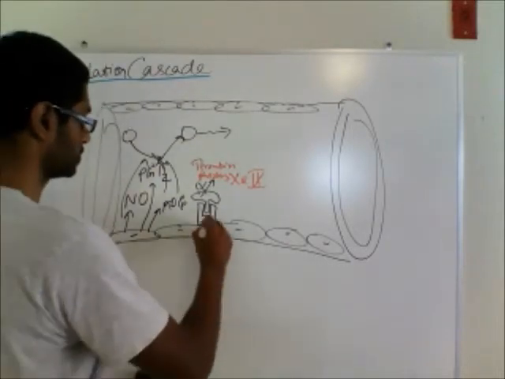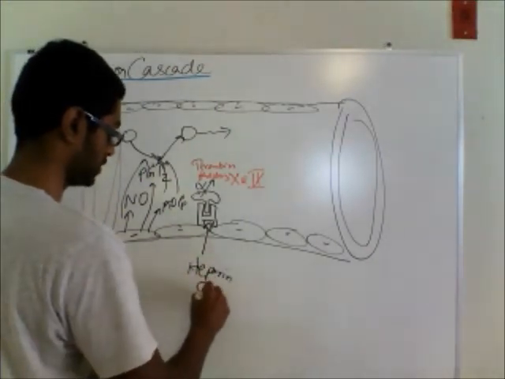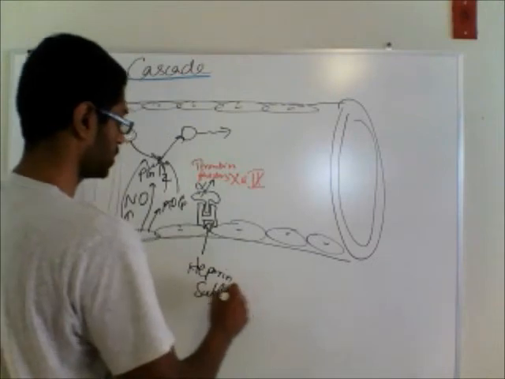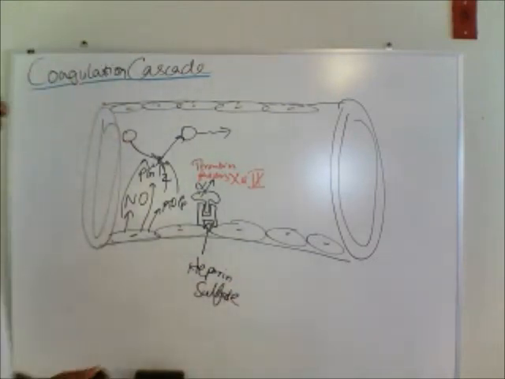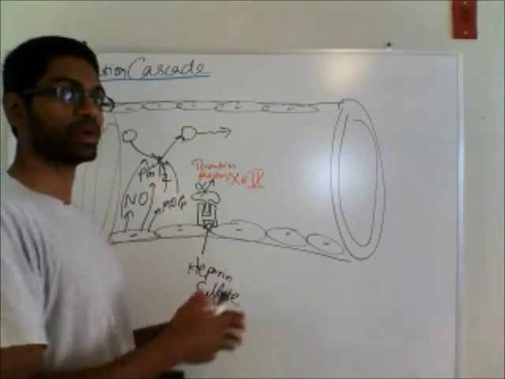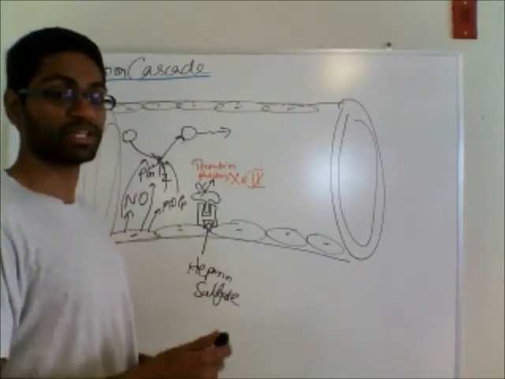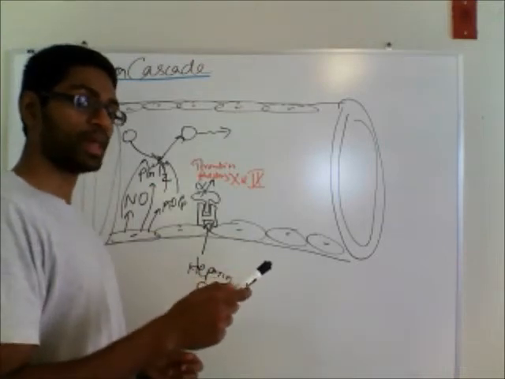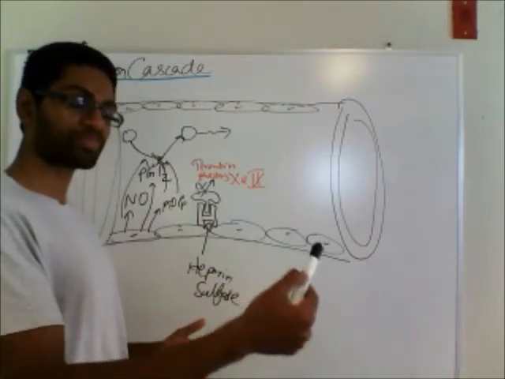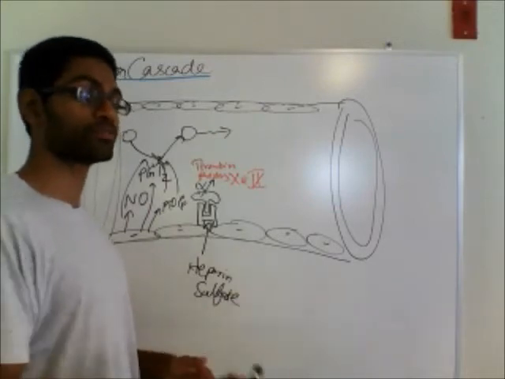So heparin sulfate blocks thrombin and factors 10 and 9. Obviously, thrombin, we talked about it, is what helps form the clot. It's what helps form fibrin from fibrinogen.